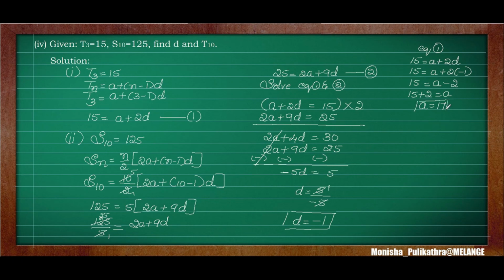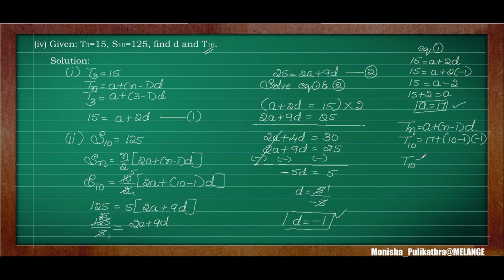Okay. So we got the value for the first term and the common difference. But they have asked to find T10. Okay. So term 10. So we need to apply the Tn formula once again. Tn is equal to a plus n minus 1 into d. In that, write T10 is equal to a value is 17. Here n is 10, so 10 minus 1, and d is minus 1. Okay.